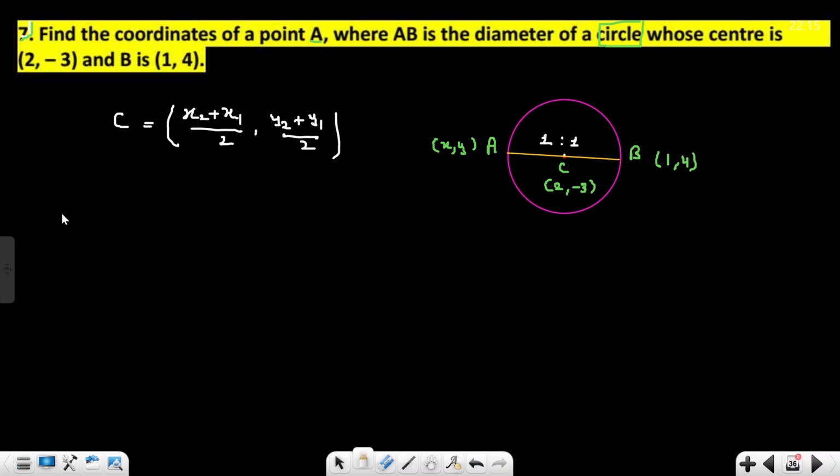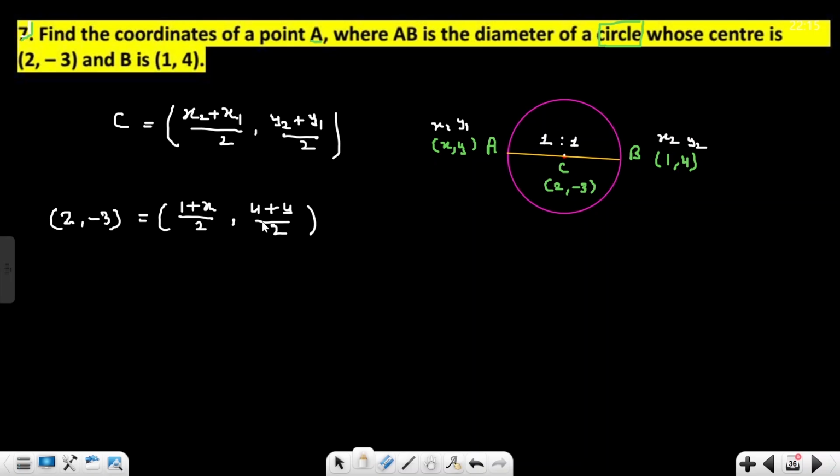The C coordinates are given as (2, -3). Here we have x1, y1, x2, y2. So x2 is 1 and x1 is x, so we write (1 + x) divided by 2. y2 is 4 and y1 is y, so (4 + y) divided by 2.